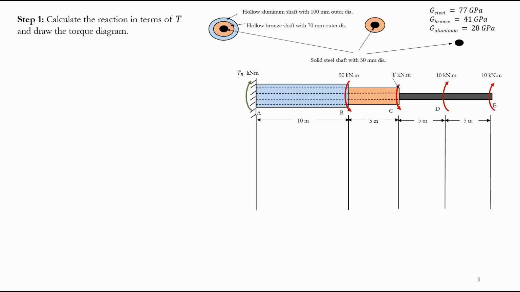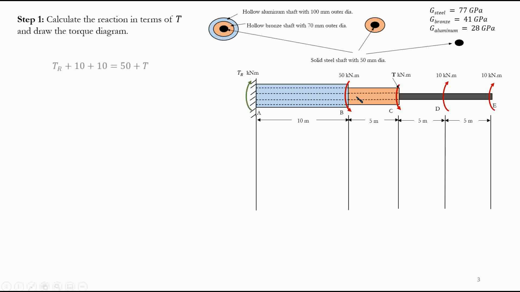Now, the first step, as mentioned, is to calculate the reaction in terms of T and draw the torque diagram. These are given as 50, T, 10, 10. But for TR, we just assume a sign, either in this direction or in the opposite direction, so that we have a reaction in the wall. Now, how can we find it in terms of T?